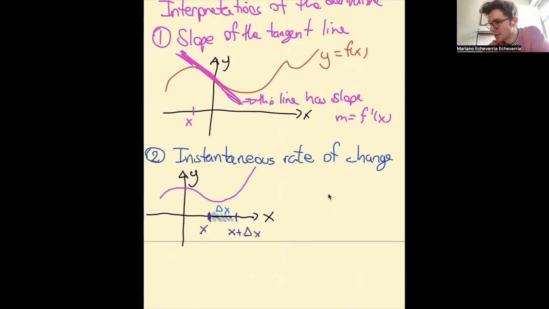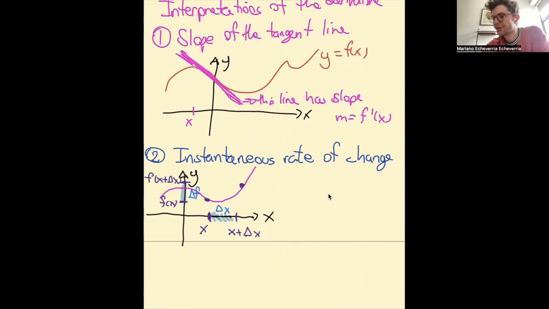So for example, here the function is f of x, and here the function is f of x plus delta x. So there is a corresponding change in the function, which we had called before delta f.